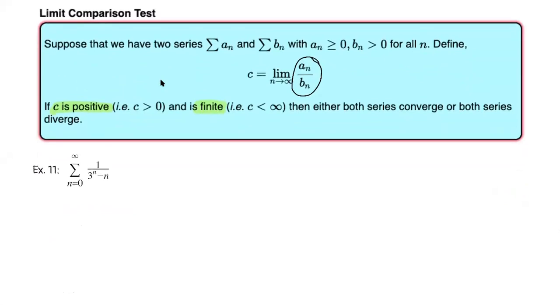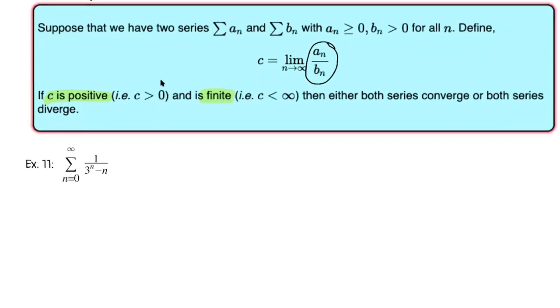Okay, so we have this infinite series, 1 over 3 to the n minus n. So it's kind of similar to what we had when we were looking at the basic comparison test, all right? But what we're gonna do now is we're gonna say, like, what could we compare it to? And how do we set up this limit comparison test?